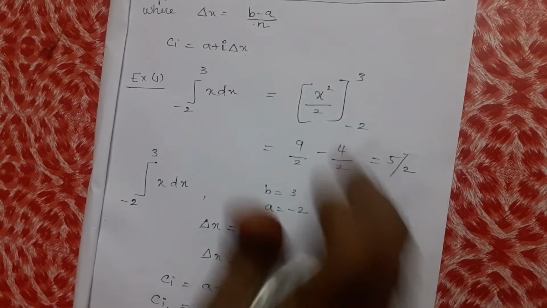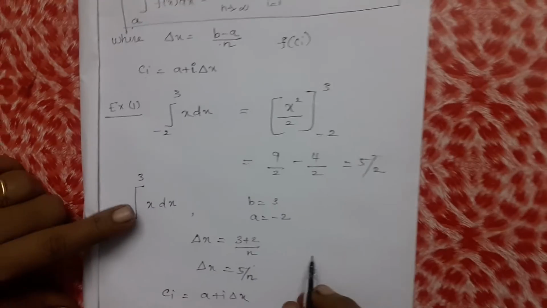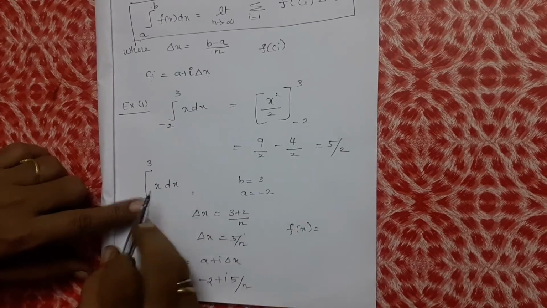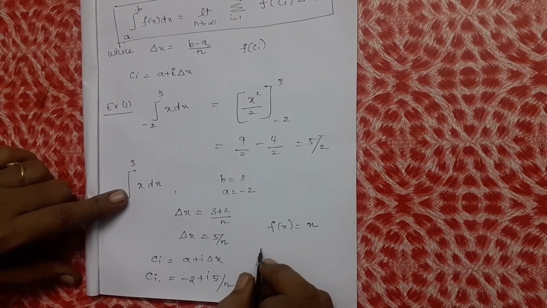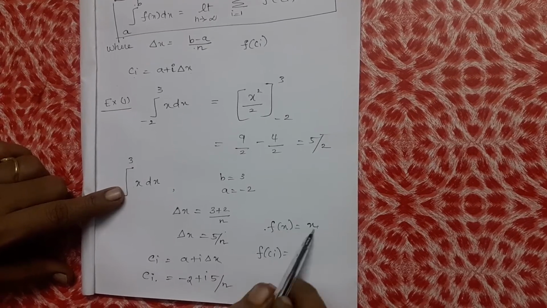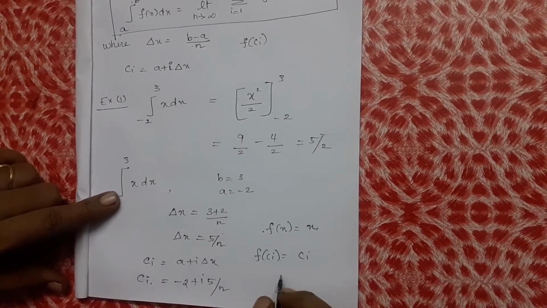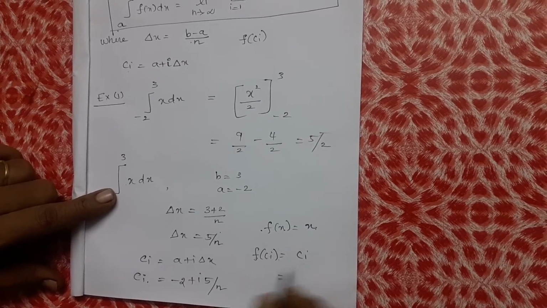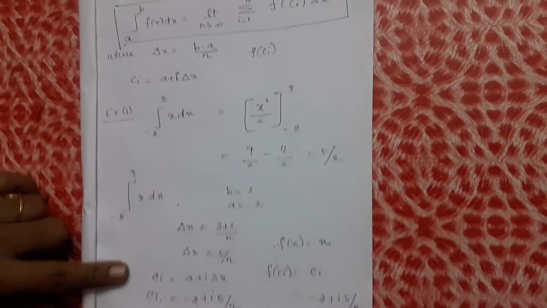And we also have f of ci. In this problem, our f of x is nothing but the integrand, which is x. This is the identity function, so f of ci is also ci. Therefore, f of ci is minus 2 plus i times 5 by n.